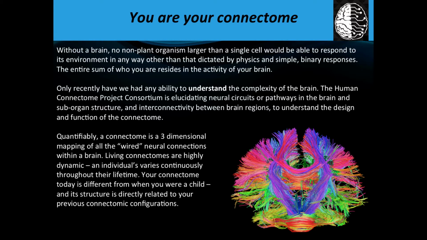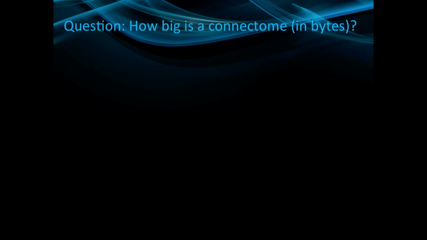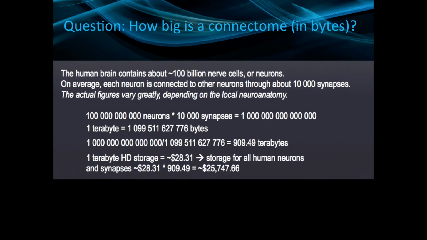But the question that often comes up when you start talking about biological brains is, how big is the human brain in bytes or gigabytes or terabytes or whatever measure you like that is a unit of bits. Here's a very schematic calculation in which it's assumed that the synapse is fully expressible in 1 byte or 8 bits.